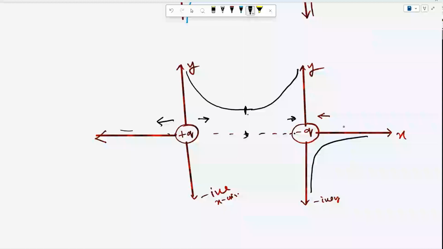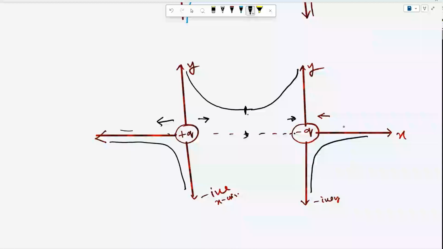So electric field will be directed towards left. If the electric field is directed towards left, then what will be the graph of electric field? That we have to explain. This is plus q, minus q. Plus q dominates, so the graph will be like this.